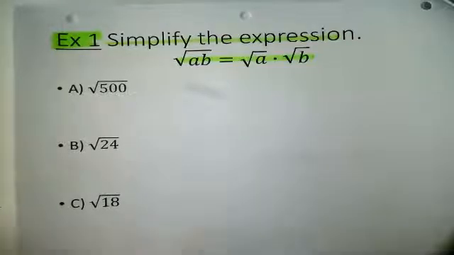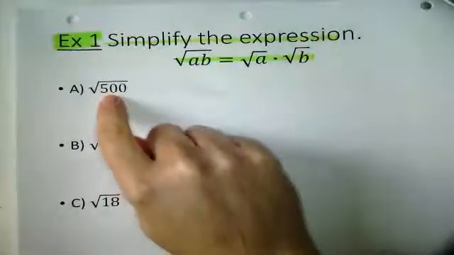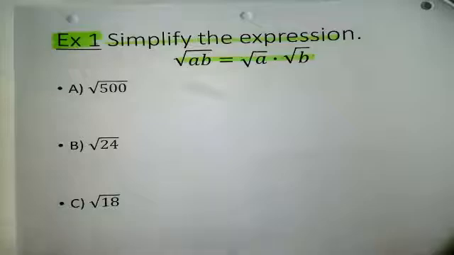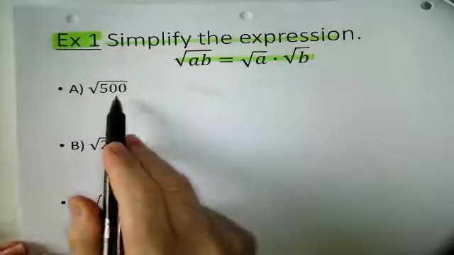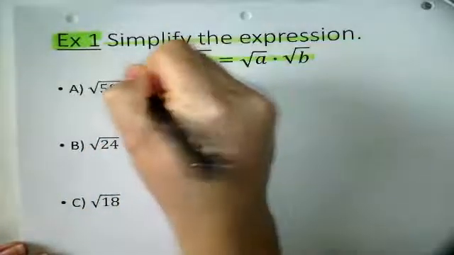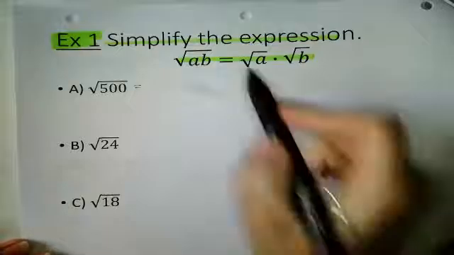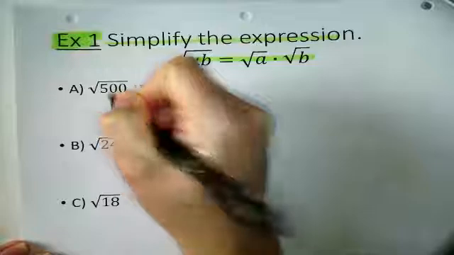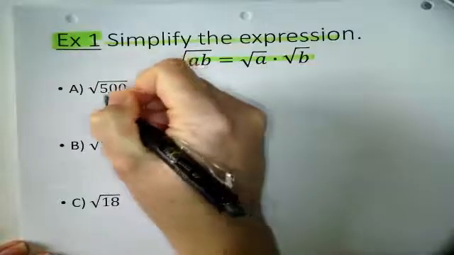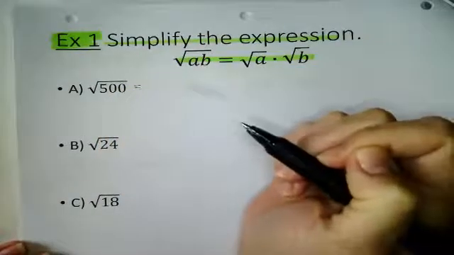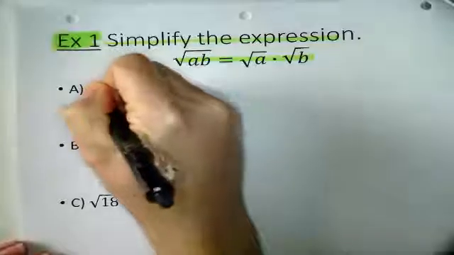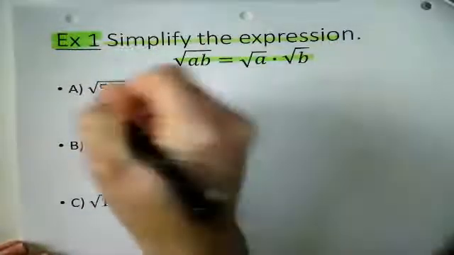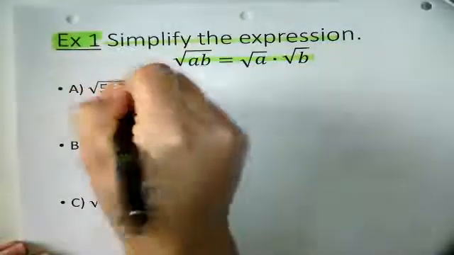So what we want to do is the reverse of that. I have a giant radical number here, and I want to break it apart. So we have radical 500. And radical 500 breaks apart into the product of 2 radicals. And I'm going to choose some very specific numbers. 500 breaks apart a lot of different ways. I could do 50 times 10, but that's actually not a good choice because there is a large perfect square.